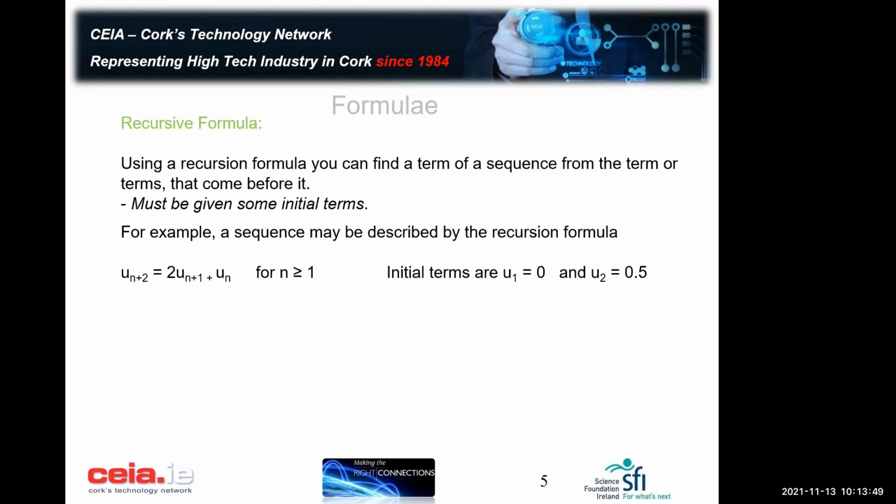So it's based on knowing u of n plus 1 and u of n. And the requirement here is that n is greater than or equal to 1. So the initial terms are u1 is equal to 0 and u2 is equal to 0.5.